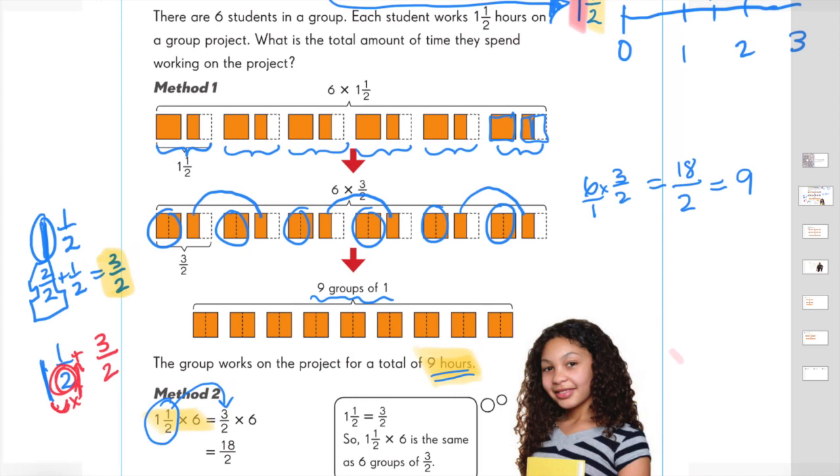Okay. So let's try one more just to make sure we have down how to turn a mixed number into an improper fraction. So if we had 2 and 1/4, will you change that into an improper fraction?